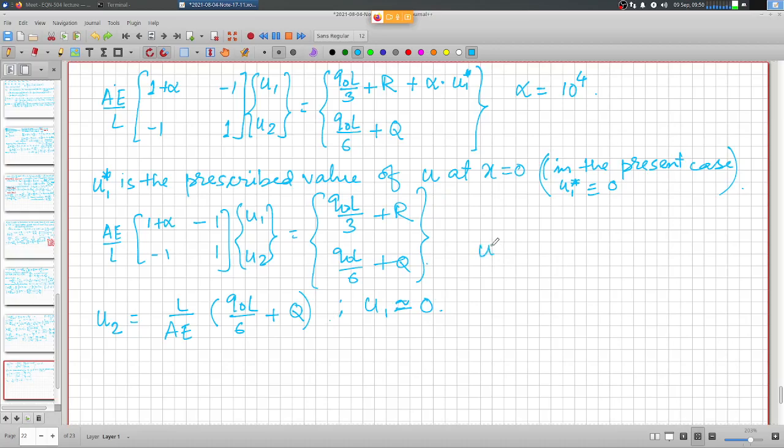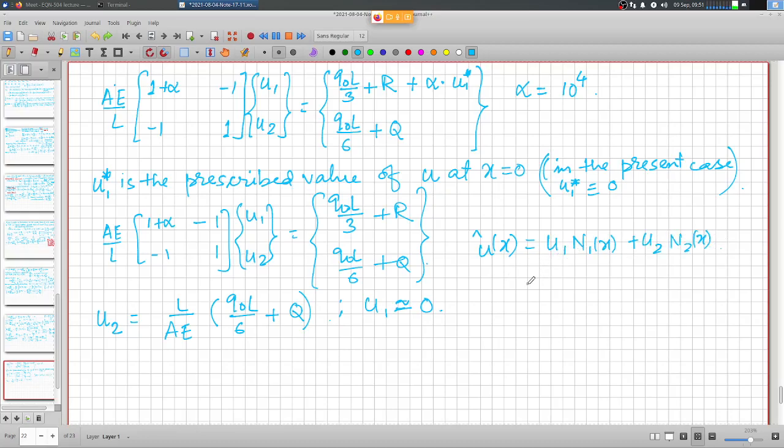So the approximation u hat x can be now written as, what was the original approximation? u1 n1 plus u2 n2.